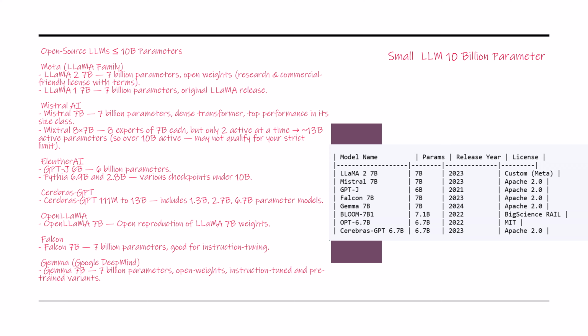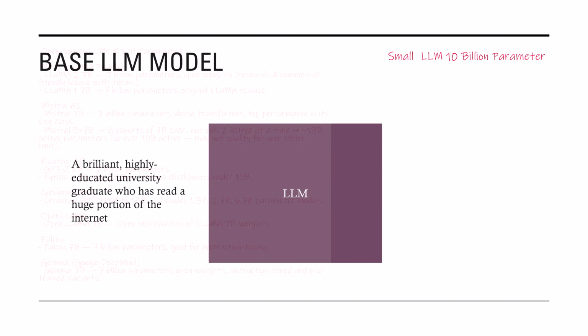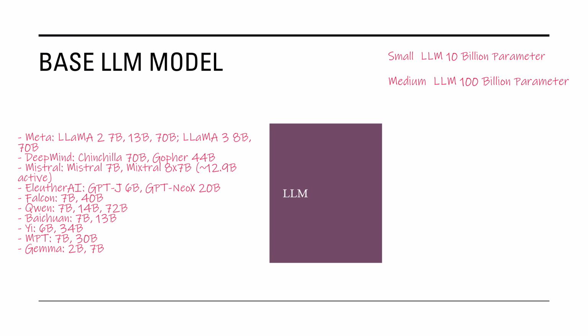They are faster to train and run, but may lack depth in general intelligence. Medium models are 10 to 100 billion parameters. That's the sweet spot for many applications, where we balance capability with practicality.